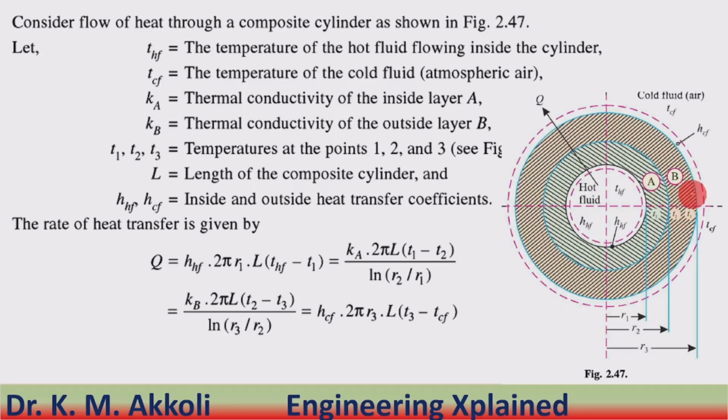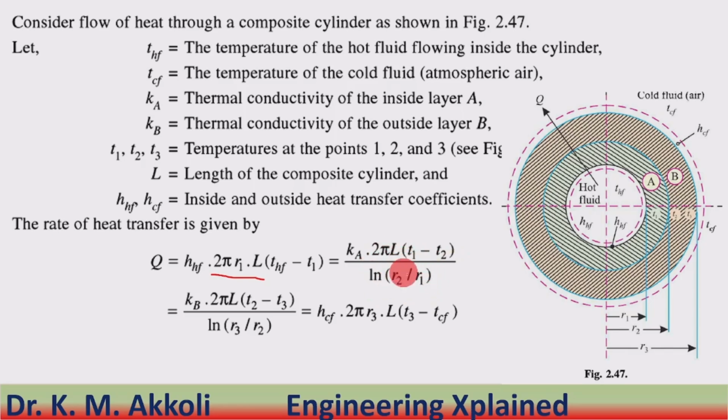Then by taking the length of the cylinder as L, we can write the heat flow equation for this configuration by considering perfect thermal contact. That means there is no loss at this contact surface. And the rate of heat transfer is given by Q equal to heat transfer coefficient multiplied with the inside surface area 2 pi R1 L and the temperature difference between the inside fluid temperature and inside surface temperature. Similarly, Ka into 2 pi L and the temperature difference between the inside surface and the outside surface of the first layer, by ln R2 by R1, the radii.